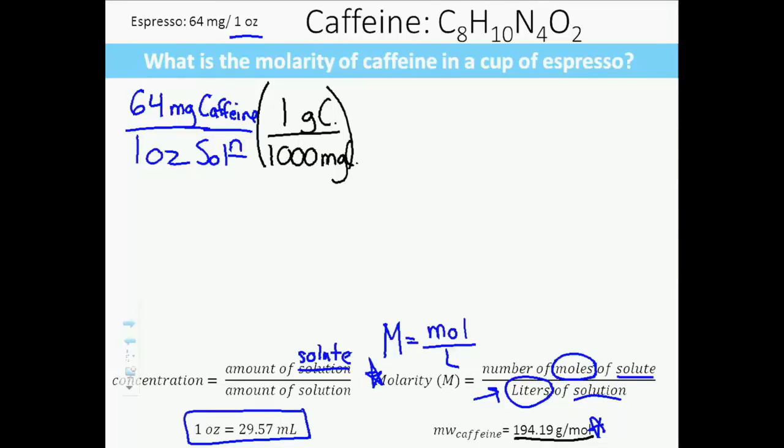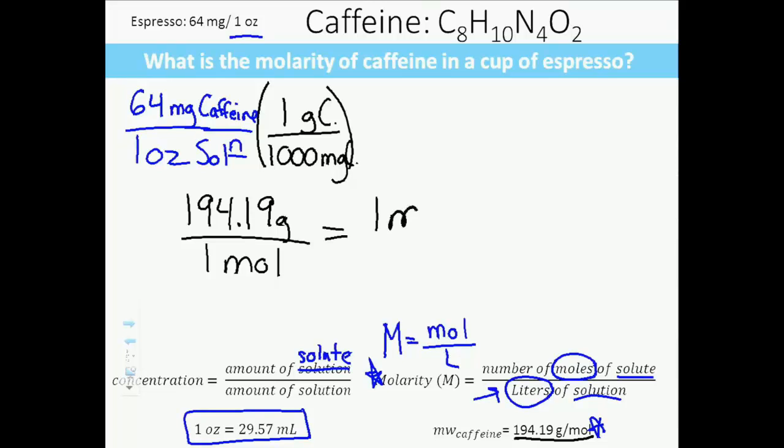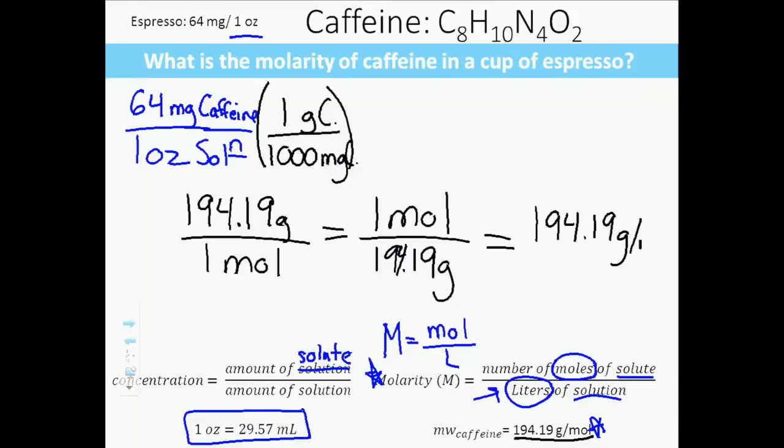Notice that this can be written as 194.19 grams over 1 mole. It can also be written as 1 mole over 194.19 grams. Or for short, it can also be written as 194.19 grams per mole.